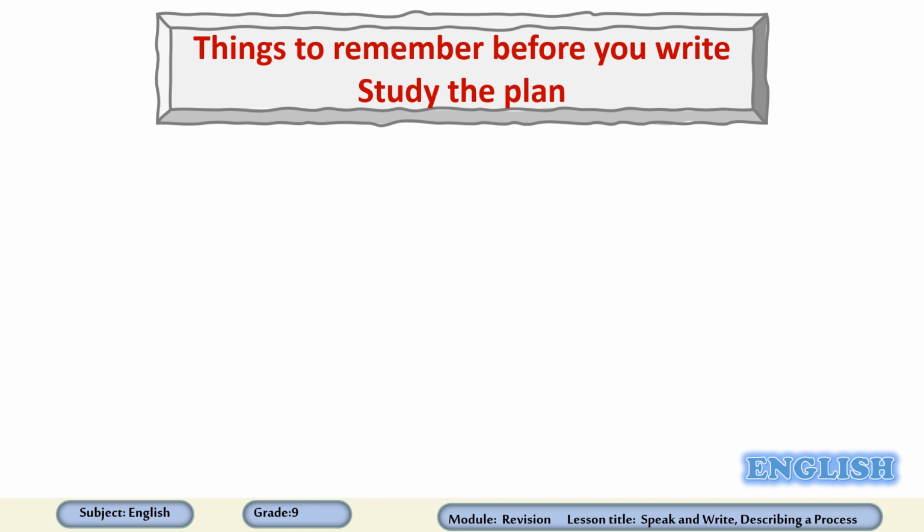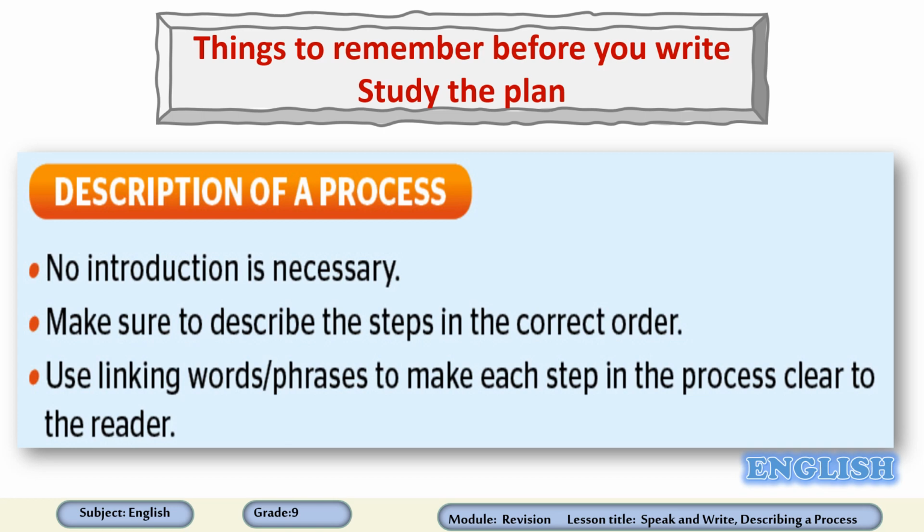After creating a suitable heading, now we come to the description of a process. Remember these things. No introduction is necessary. You do not have to introduce the process. The second thing, make sure to describe the steps in the correct order.